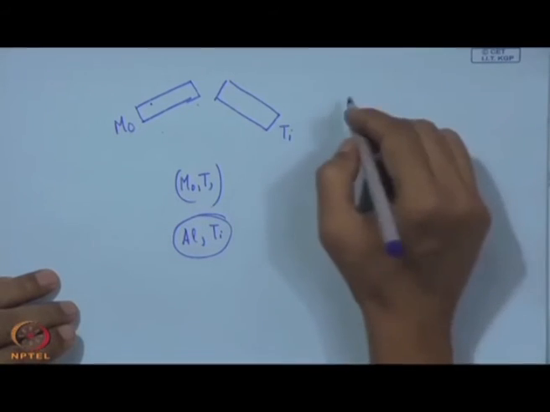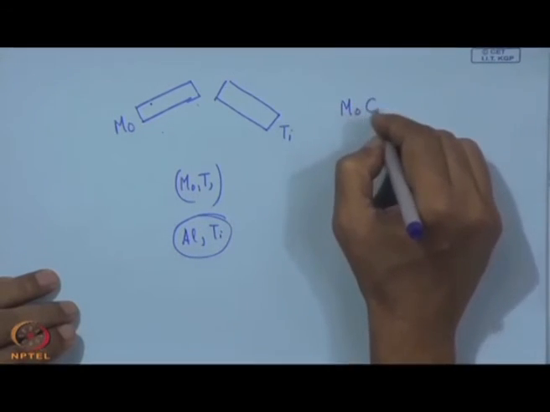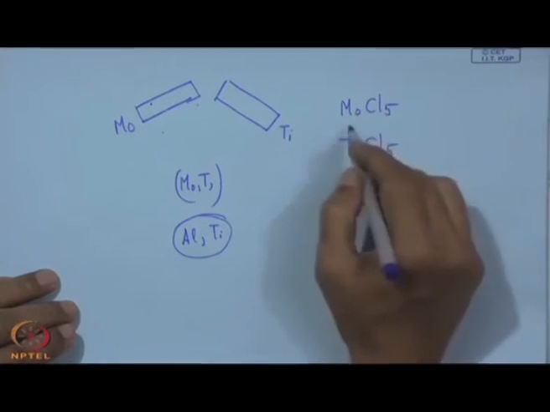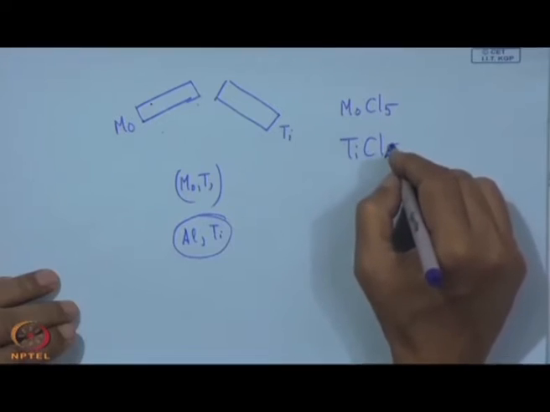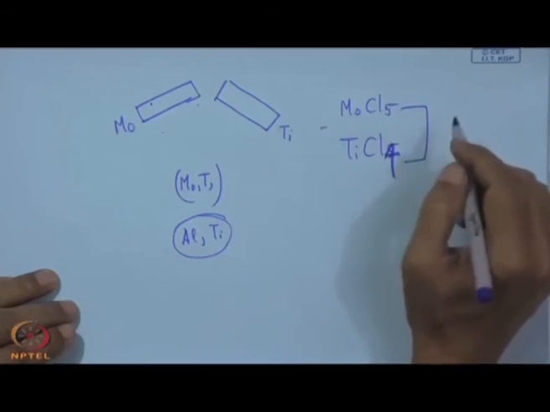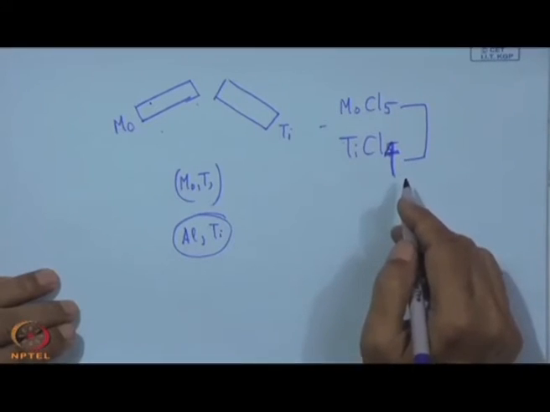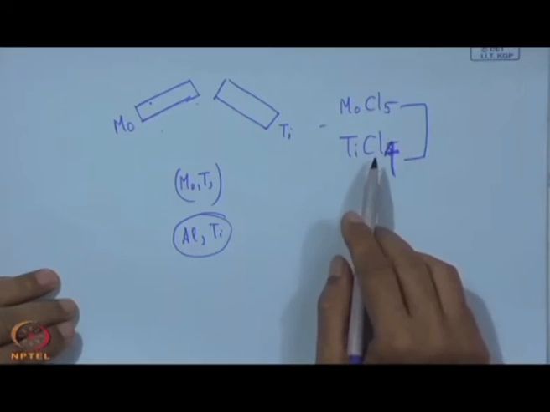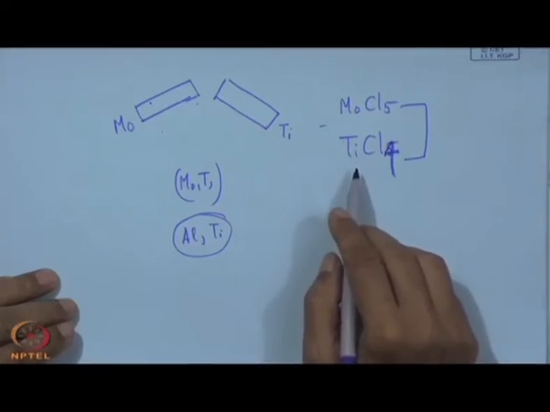Even by CVD we can have MoCl5 and TiCl4, tetrachloride, both can be brought to the reactor. We can add something more, and with that we can have a co-deposition of this coating over the substrate surface.